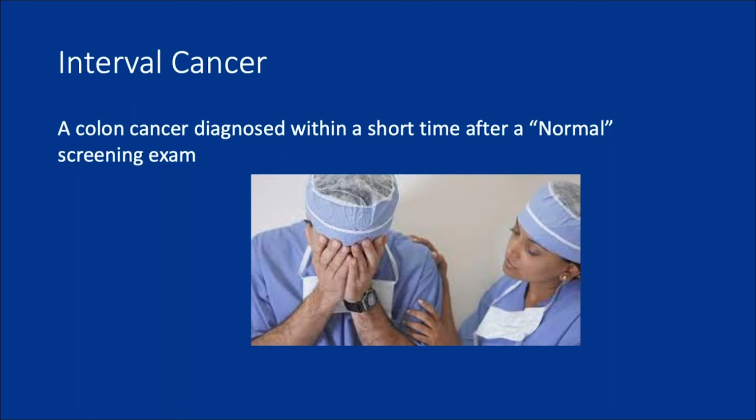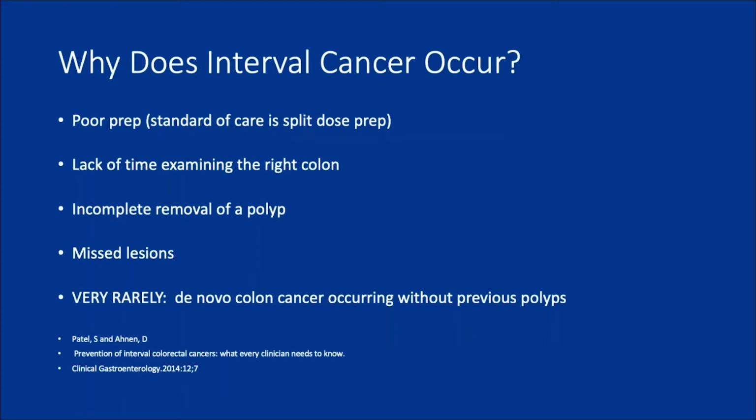It makes us feel absolutely terrible, but the whole point here is there is no perfection when it comes to colonoscopy. The rate of interval cancer is probably a statistic close to 1 or 2%, but again, it is extremely, extremely low.